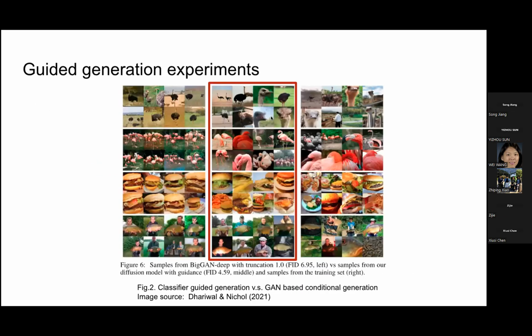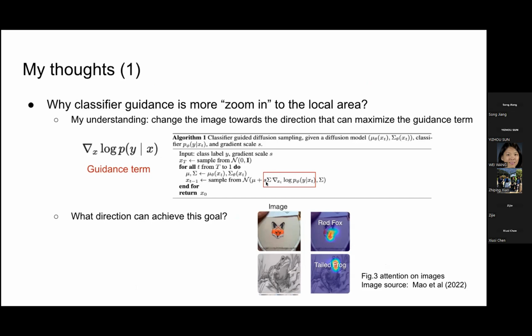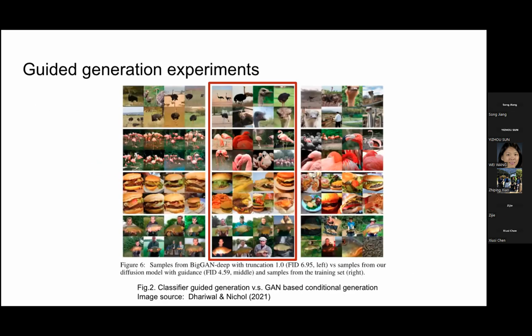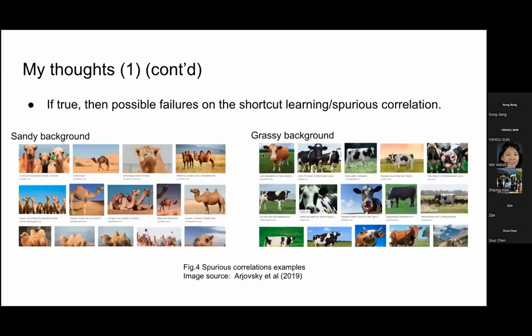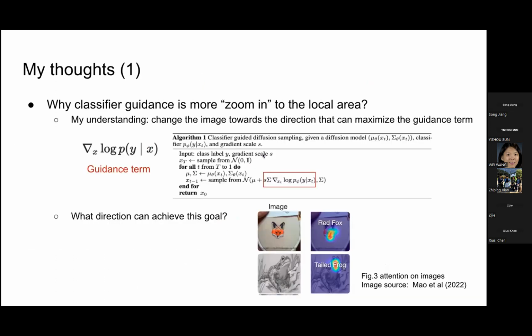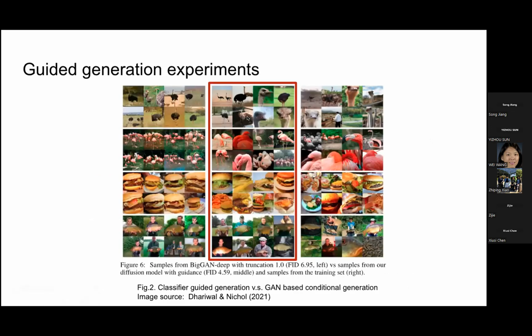Because we are directly changing the image based on this gradient, the generated data moves towards those local areas. Does that make sense? That's my thoughts, and it could be wrong. No, this is just my observation and what I'm thinking when reading this paper.